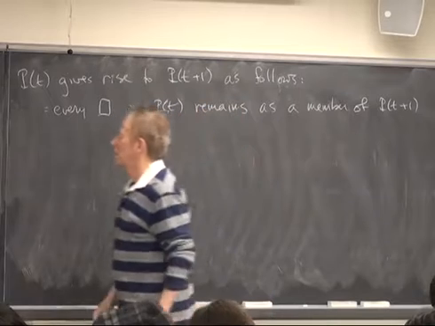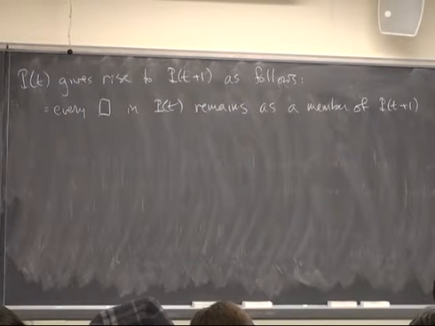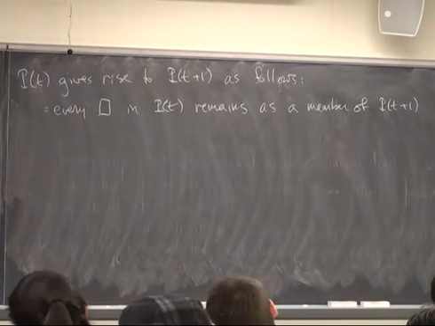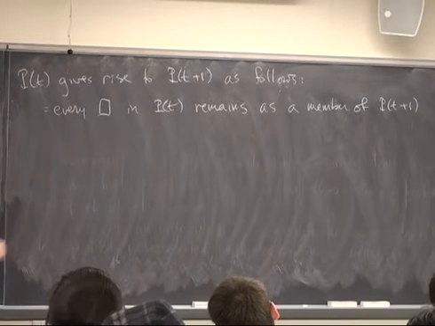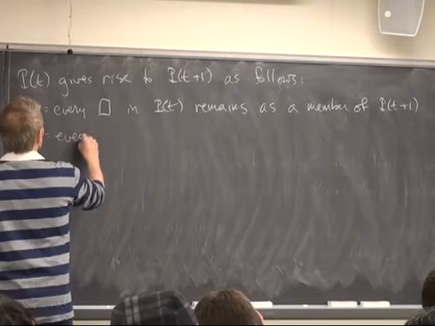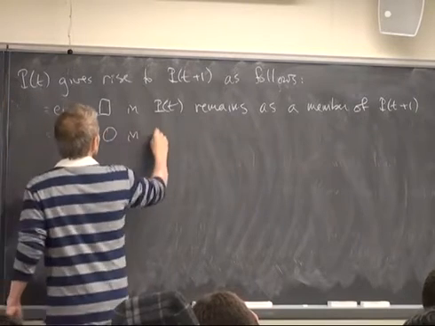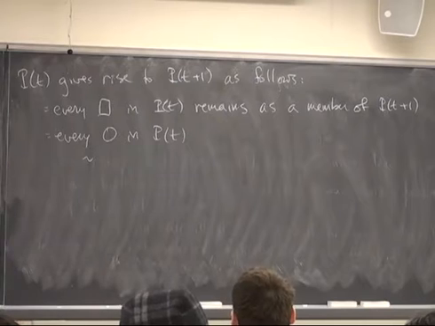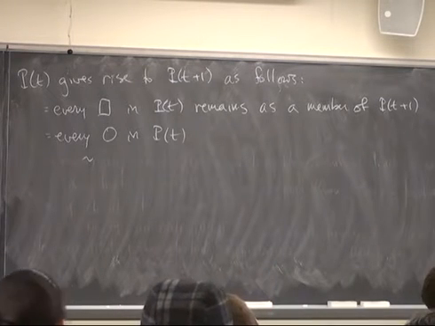Okay? What if you're a 0 in population P of t? Well, every 0 in P of t, there's 3 things that can happen.